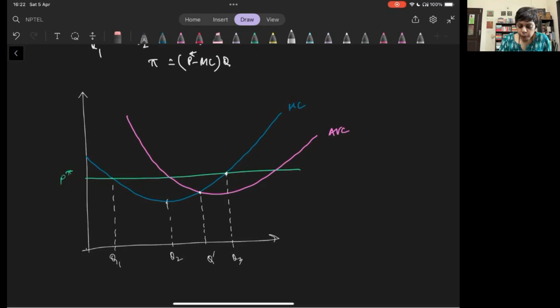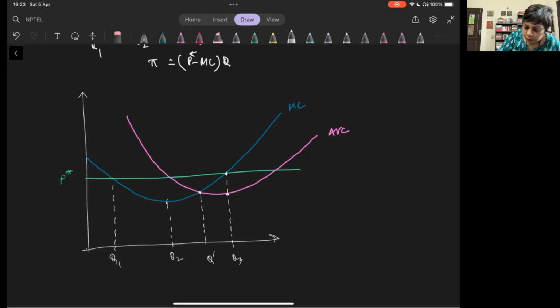Now at the point Q3, where the firm is actually maximizing its profit, marginal cost is equal to P star, but average variable cost is something lesser, which is how it should be, right? So at the point of profit maximization, the marginal cost should be greater than or equal to average variable cost, and it should be equal to the market price, which is what the question was asking.